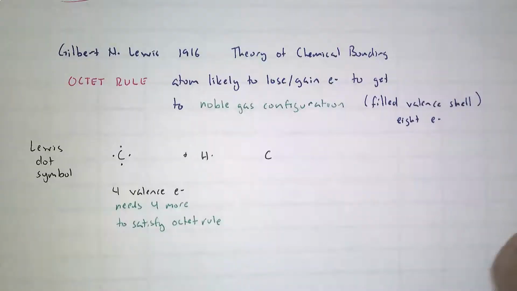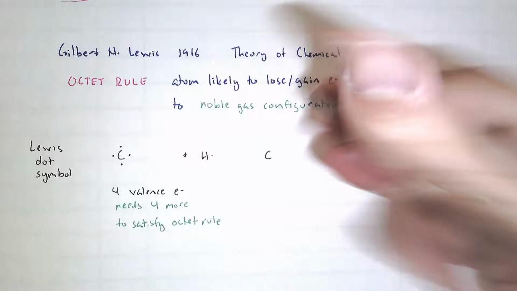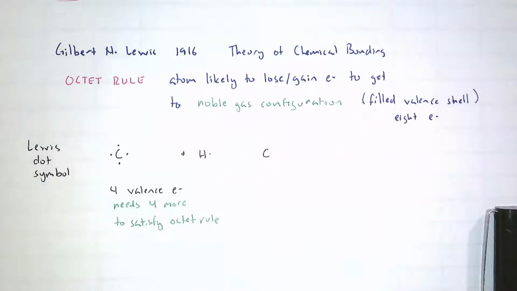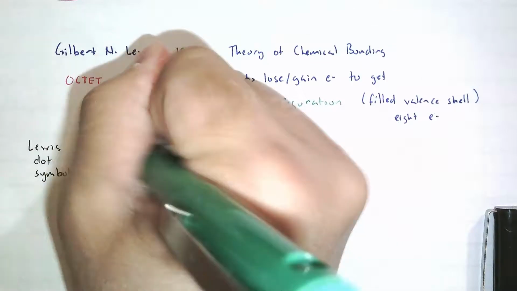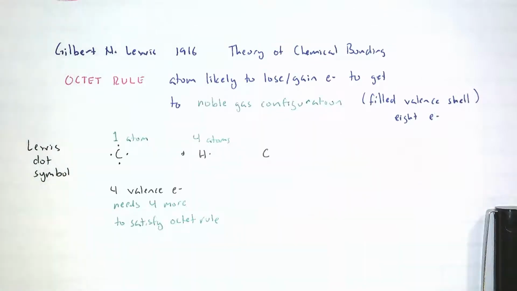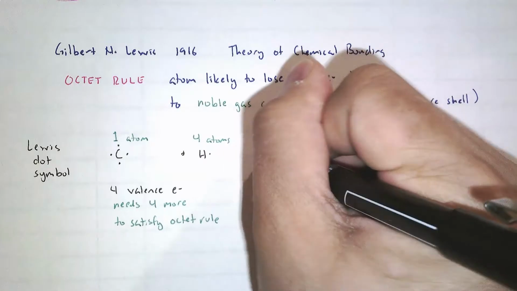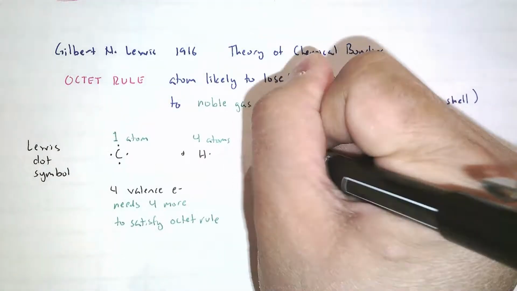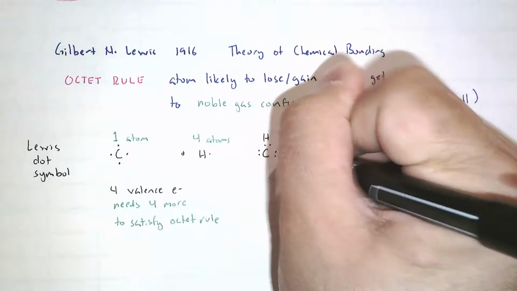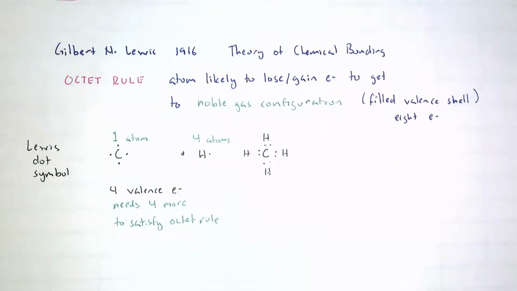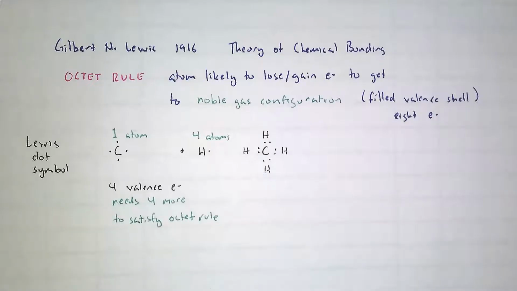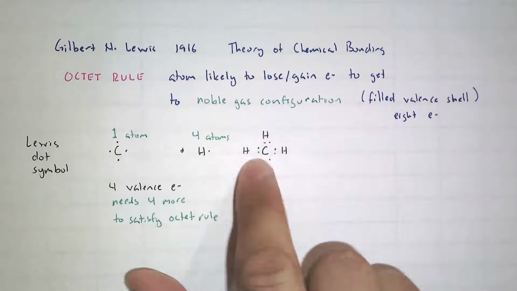Well, that works out well, because if we take 4 of these hydrogen atoms, and we take 1 of this carbon atom, we could combine to make bonds and also satisfy the octet rule for carbon. So yes, hydrogen doesn't satisfy the octet rule because you can't fit 8 electrons in the n equals 1 shell. You can only fit 2.